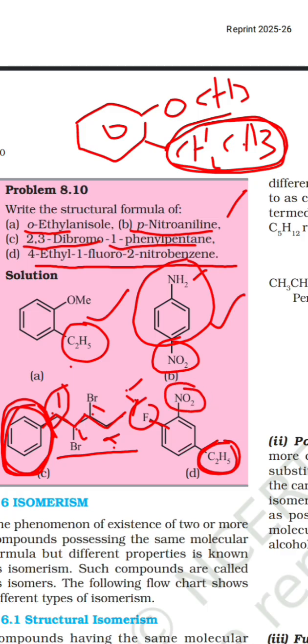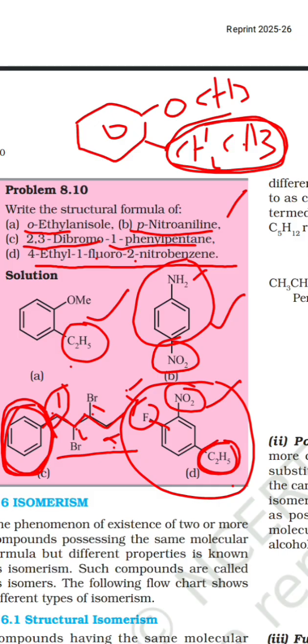So that is 4 ethyl 1 fluoro 2 nitro benzene. Alphabetical order we have to follow: E, F, N. That means 4 ethyl 1 fluoro 2 nitro benzene is the name of the compound.